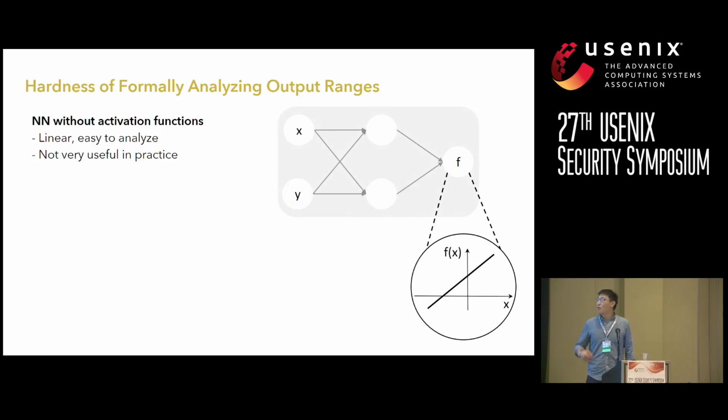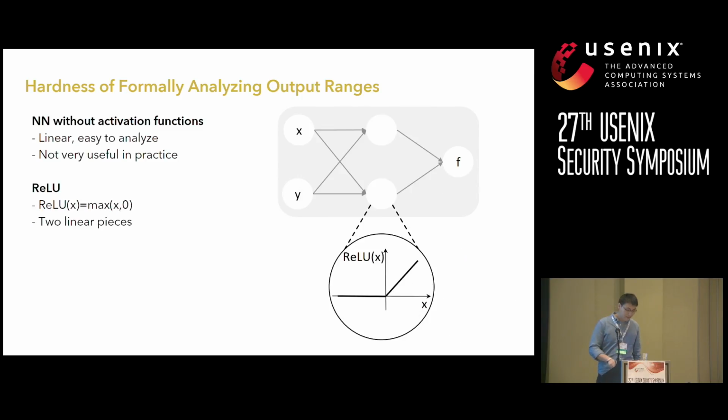Okay, here we explain why providing formal analysis on the output of a neural network is very difficult. Consider a neural network without any activation function, then the output is only a combination of linear functions, so it is itself linear, and it's very easy for us to analyze the output range.